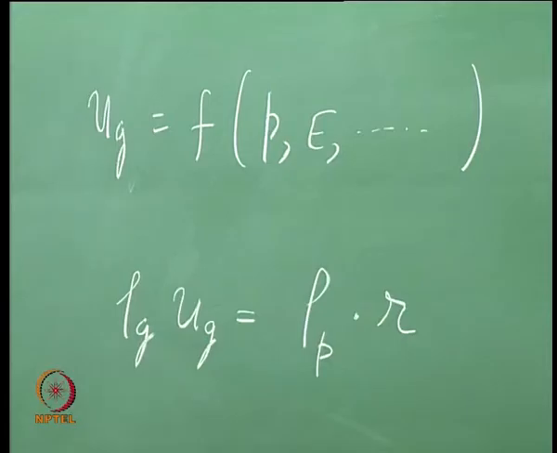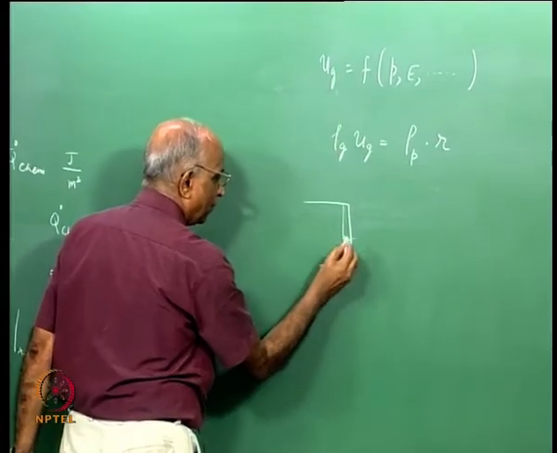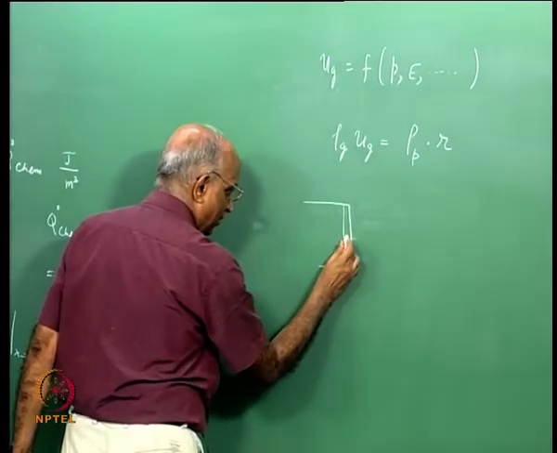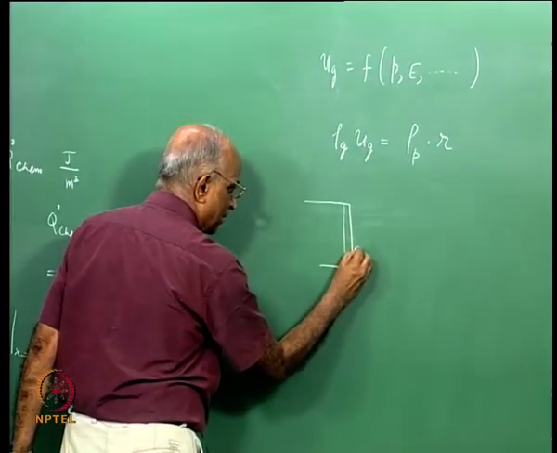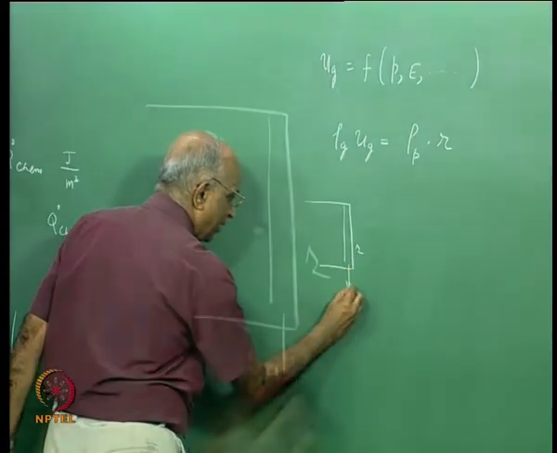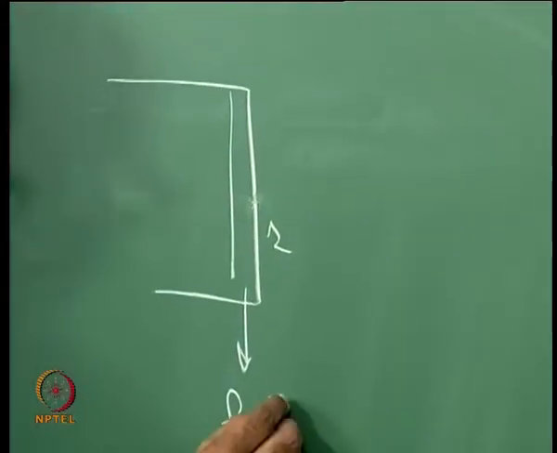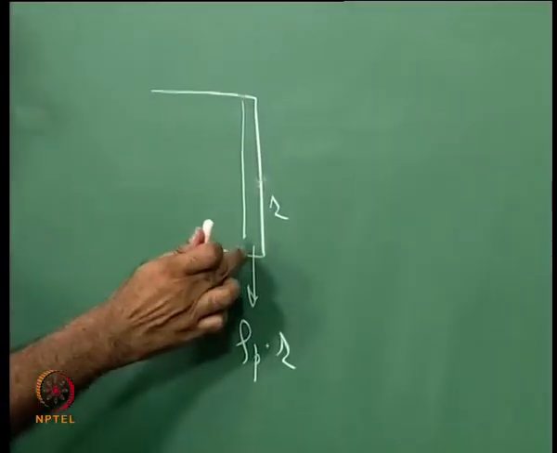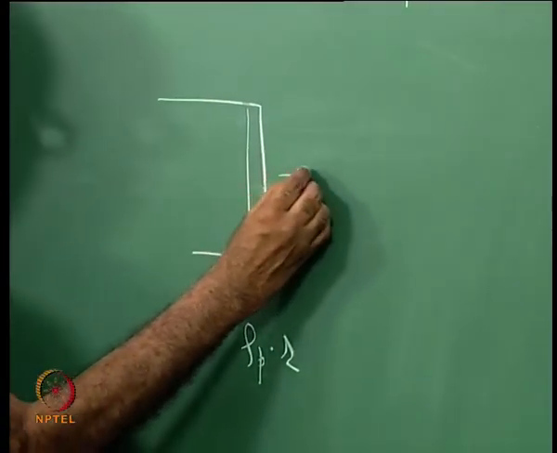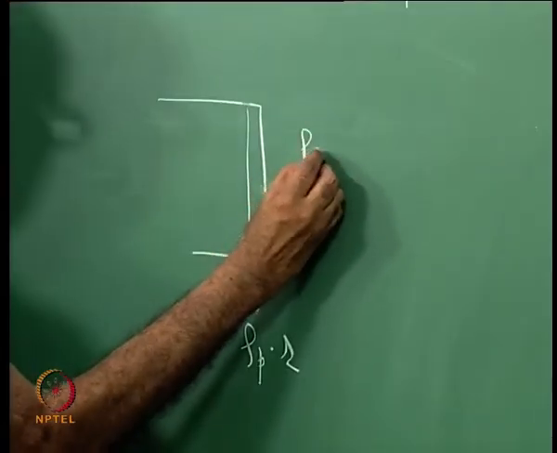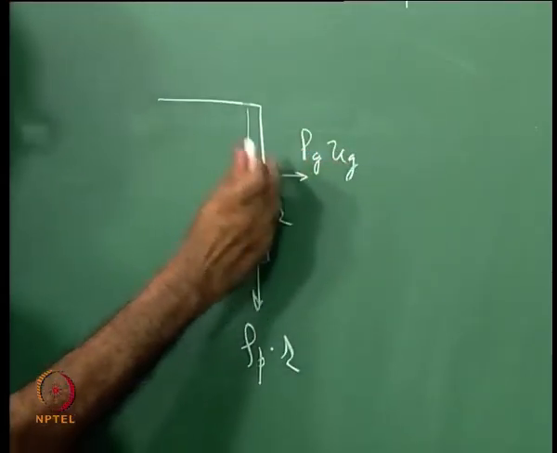All I am saying is, I have a solid which regresses at a rate r, that means the rate at which the propellant is burning is r, and the mass which is getting generated is equal to rho p into r, because I have unit surface area. The rate at which gas is getting generated is equal to rho g into Ug per unit surface area.